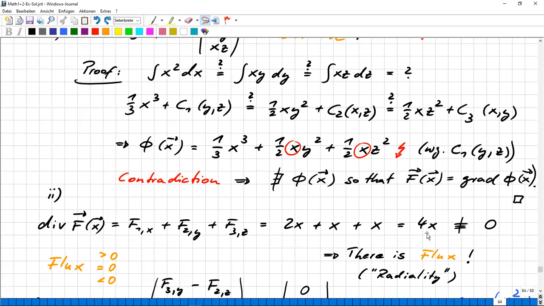It's a field which is more than a null field. It's there, okay? And it's quite strong even. So our vector field has a relatively strong and growing so-called divergence if you go away from 0 along the x-axis. That's an interesting property.